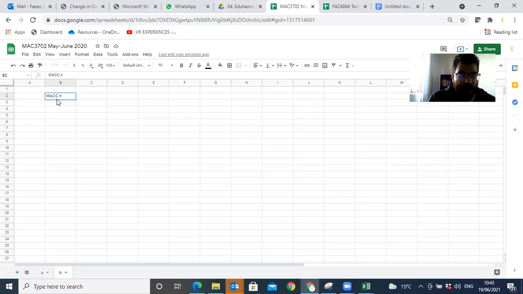So I say WACC equals cost of equity multiplied by value of equity divided by value of equity plus value of debt, plus cost of debt after tax multiplied by value of debt divided by value of equity plus value of debt. Okay.